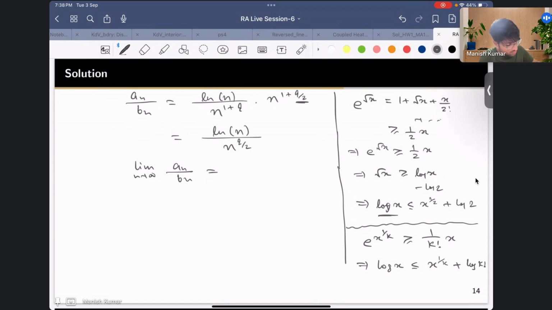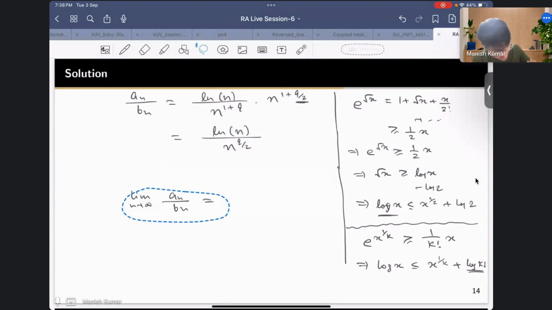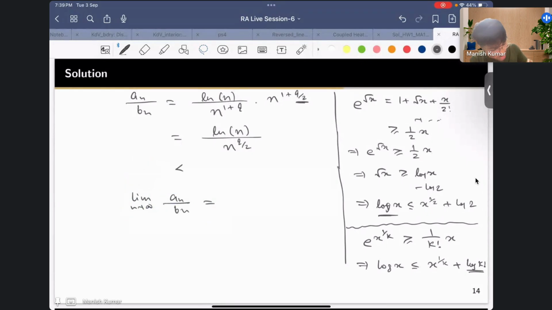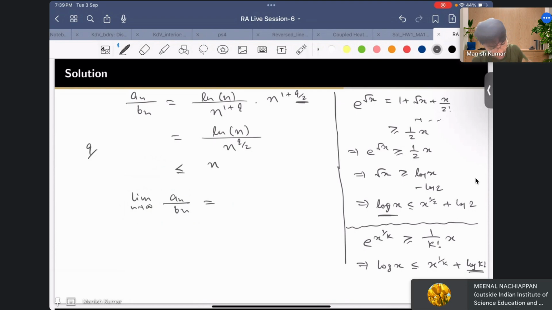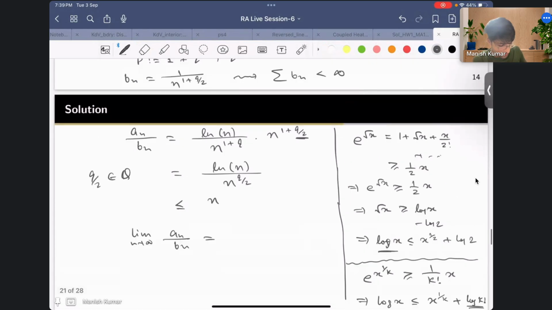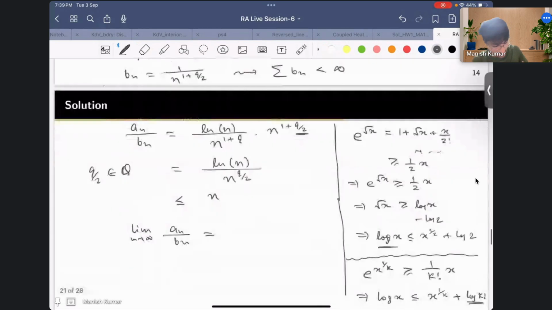So what you can do here is write this log raised to the power n. You can bound this by n raised to the power q by 2. So q by 2 is a real number, and in fact it is greater than 0.